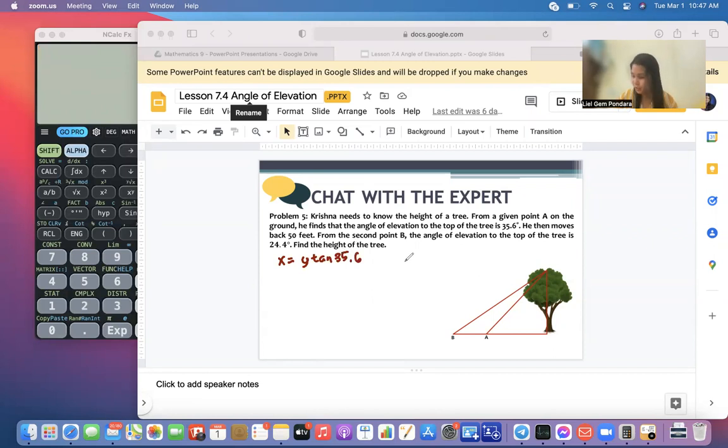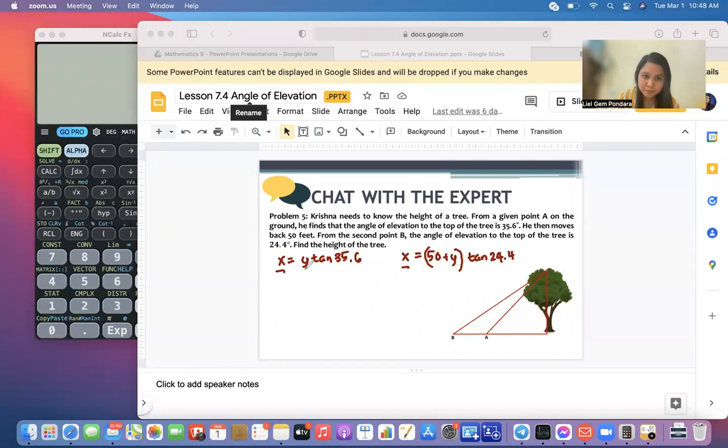For the bigger triangle, that is x equals 50 plus y times tangent 24.4. Here, this is x and this is x. They are just the same. So we can have them into equal signs.